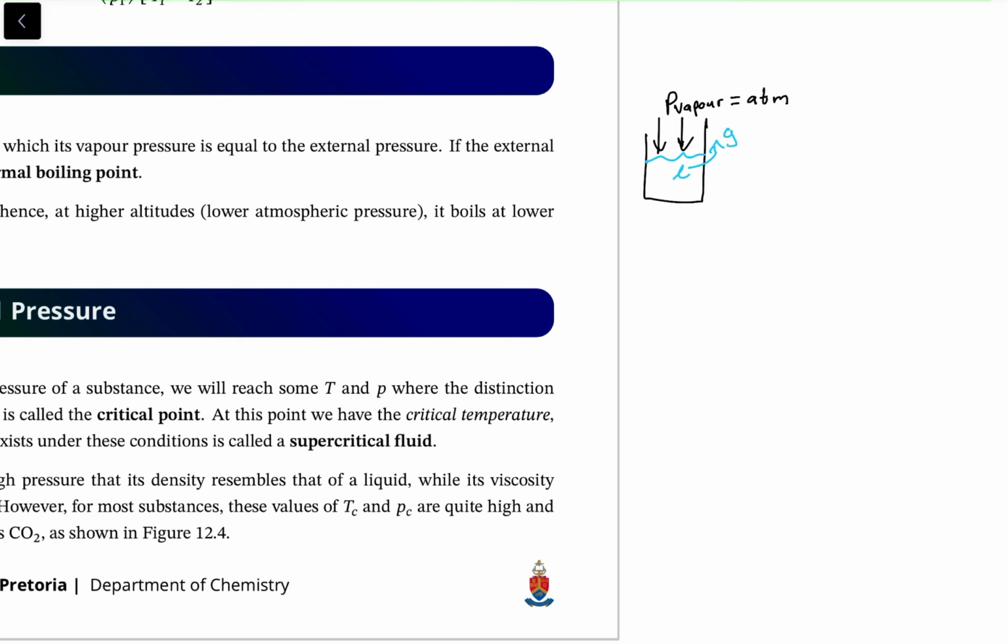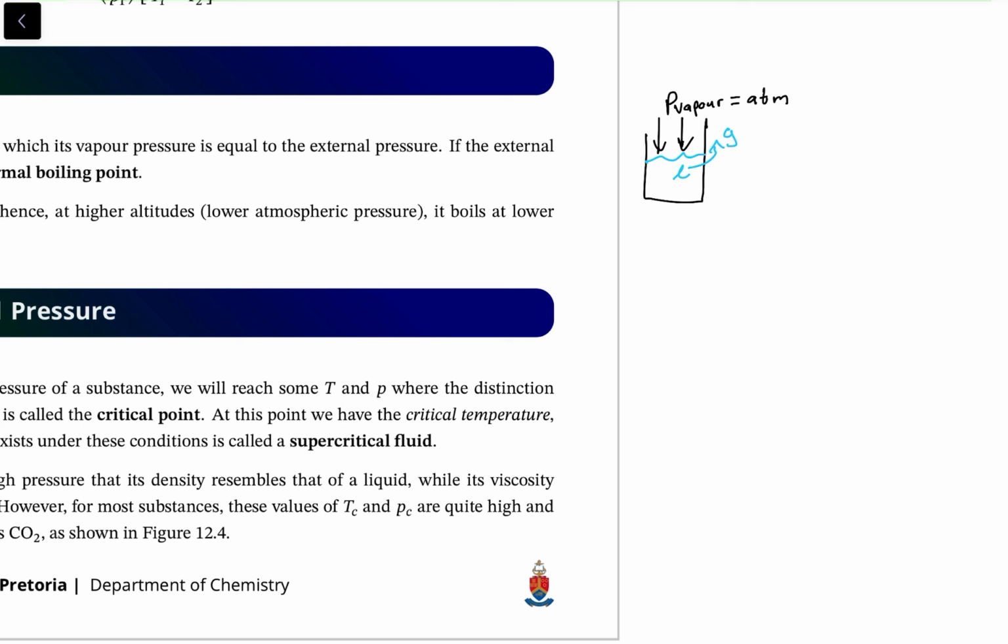Right, so that's maybe a clearer way to think of it. Because there's this pressing down from the atmosphere on your liquid, it needs to overcome that pressure.